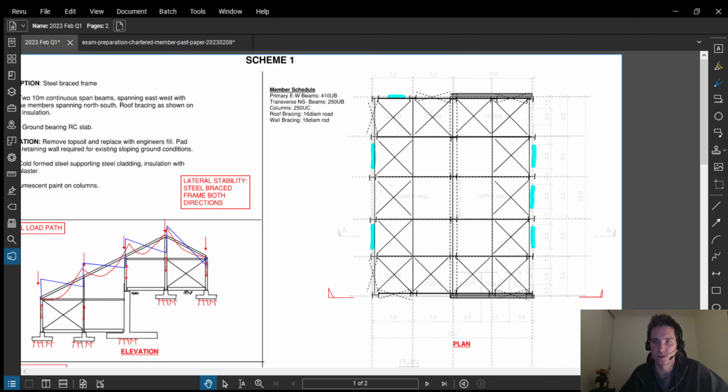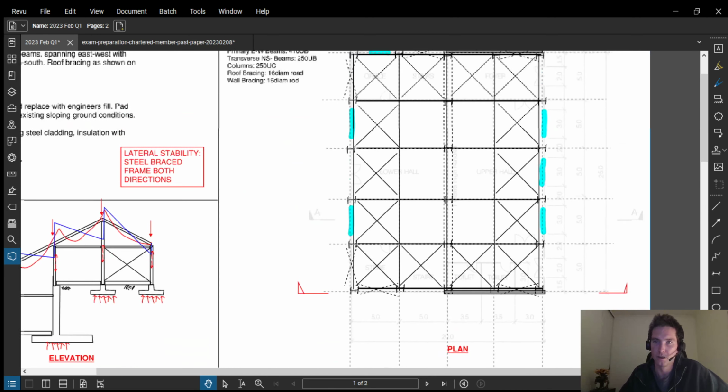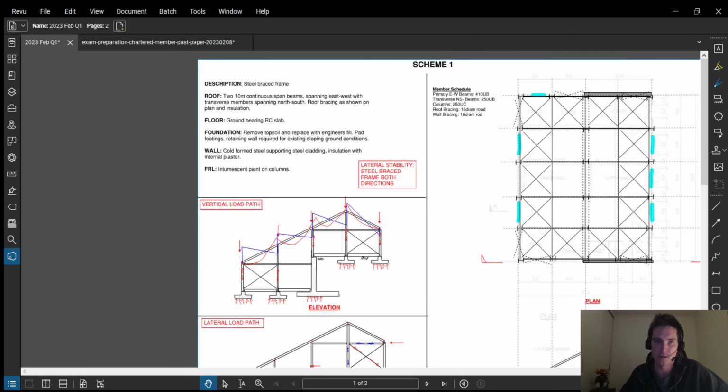So here the retaining wall is going through the middle there, but it also will be required on the north and south elevations of your building.